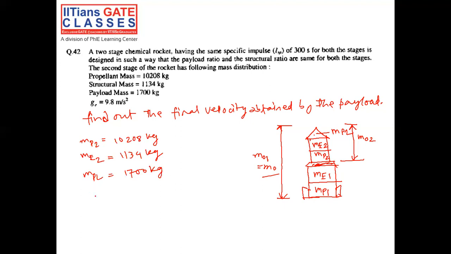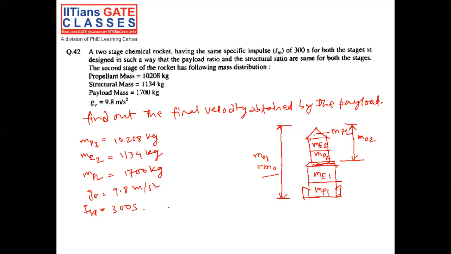And g is nothing but 9.8 meter per second square. Okay, and the specific impulse is also given, 300 seconds. So we have to find out the final velocity obtained by the payload, which is basically the burnout velocity at the end of the second stage, right?